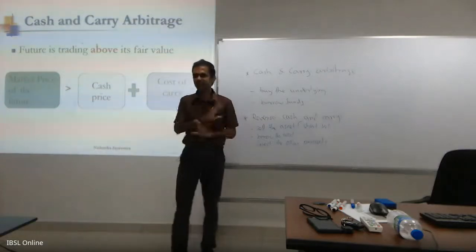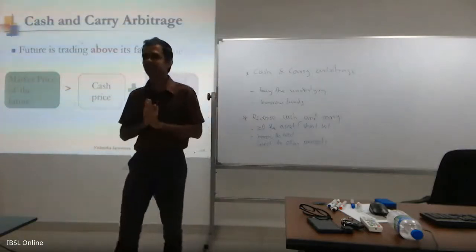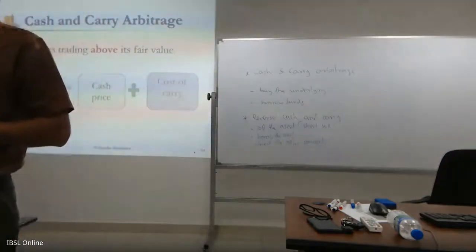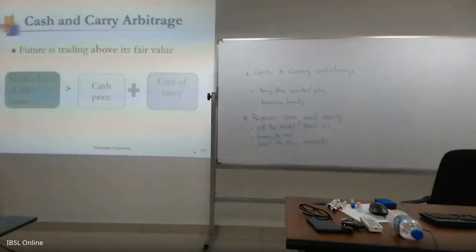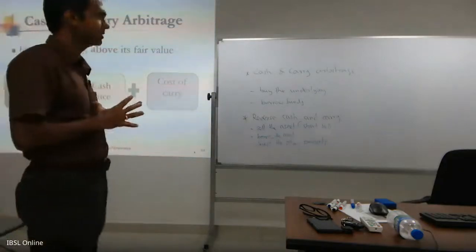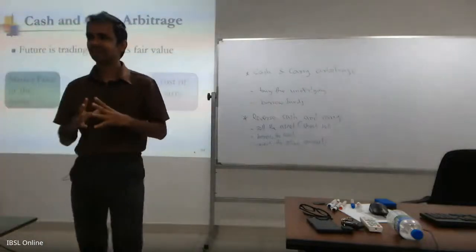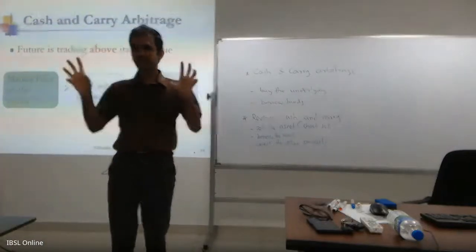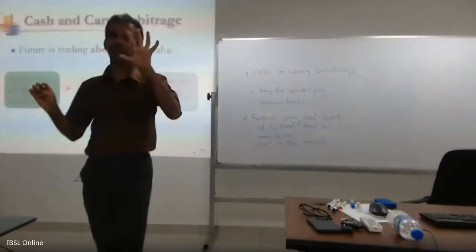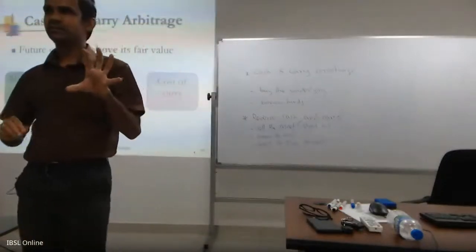So whatever way you find, be specific about what is long, what is short. But instead of that, my suggestion: compare the theoretical price or the model price and the market price.